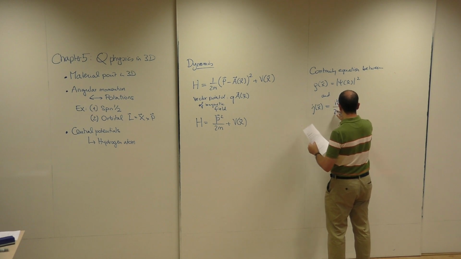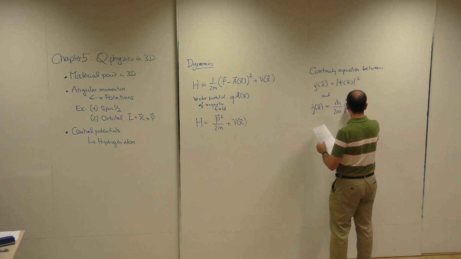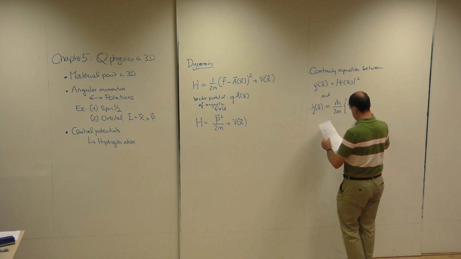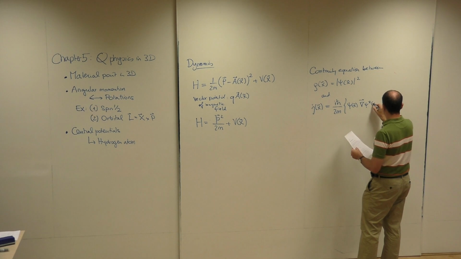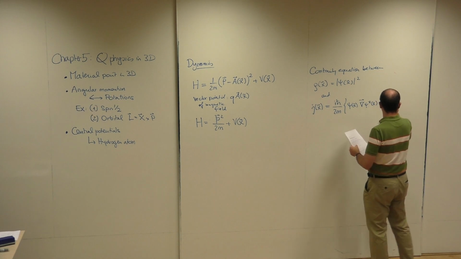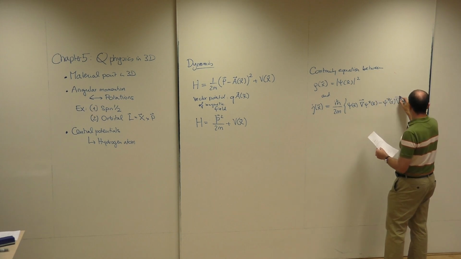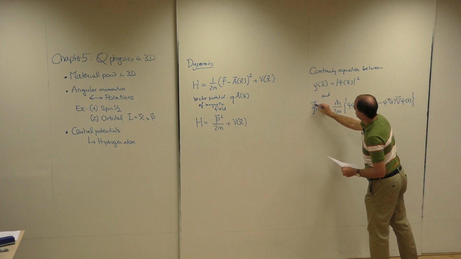And again, I never know it by heart, also in 3D, it is psi of x gradient psi star of x minus psi star of x gradient psi of x. And this is a vector.